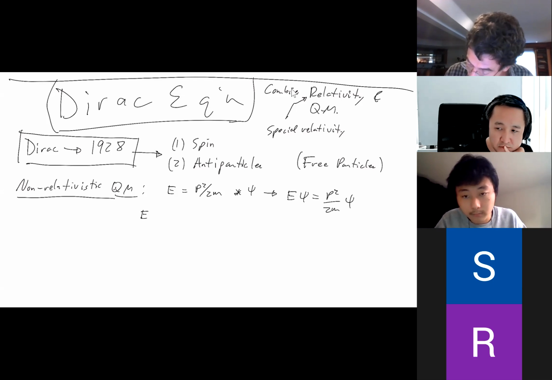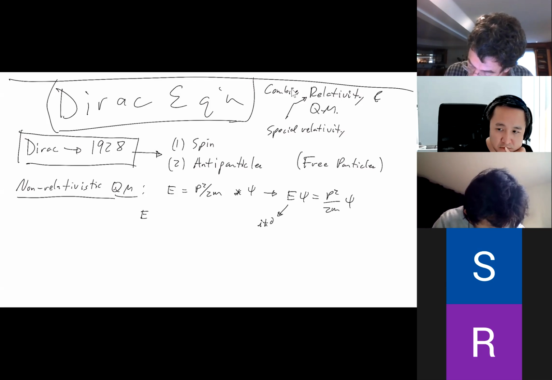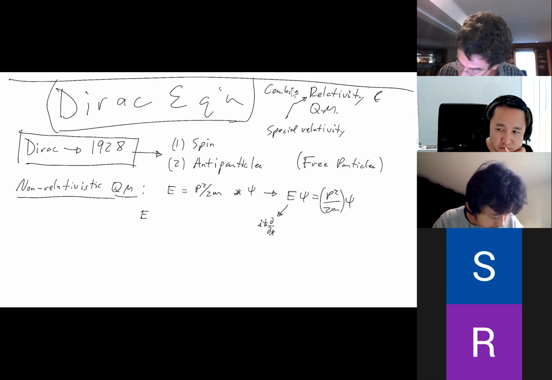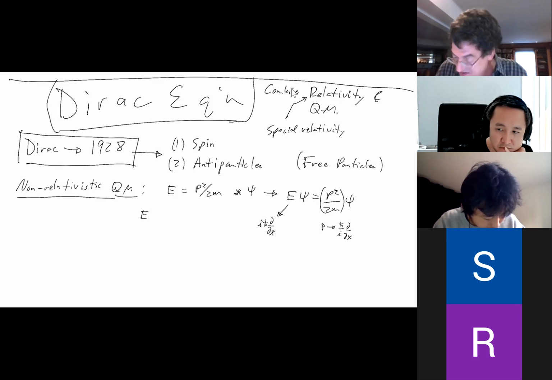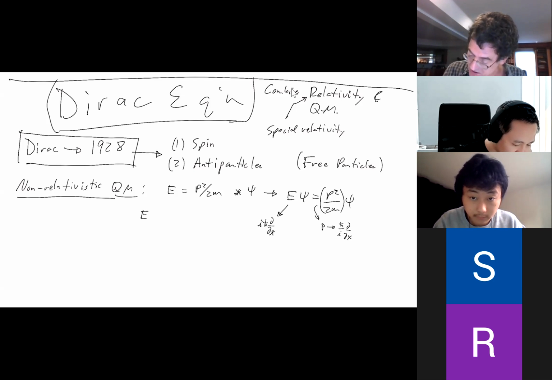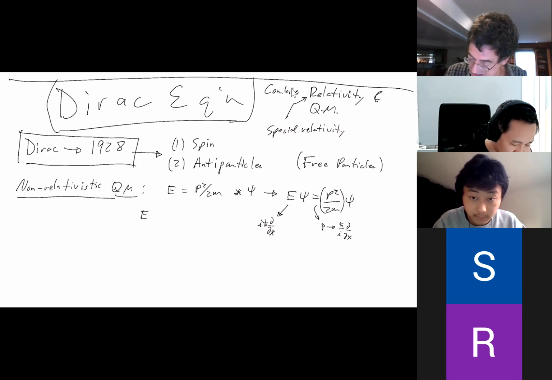Then we turn the E into i h bar d/dt, and we do this trick where P goes to h bar over i d/dx. That's basically the quantum mechanics trick. I'm oversimplifying it, but that's kind of it.